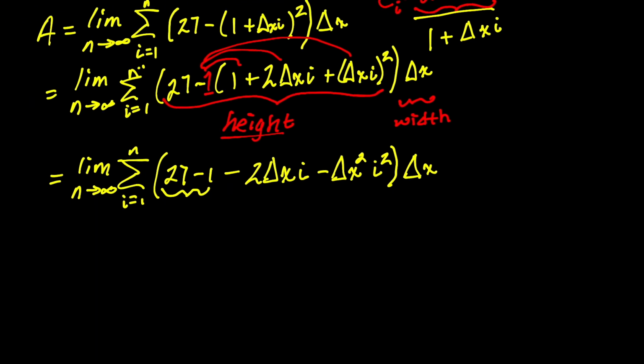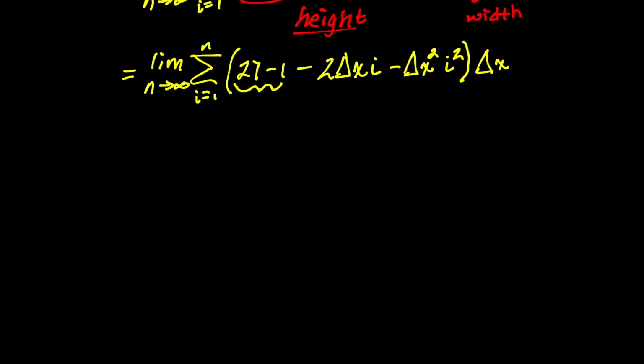So back over here, I'm going to have the limit as n goes to infinity of 26n. Notice I'm going to lose this piece here now that I'm putting n's in, because I'm going to evaluate this as n goes to infinity.